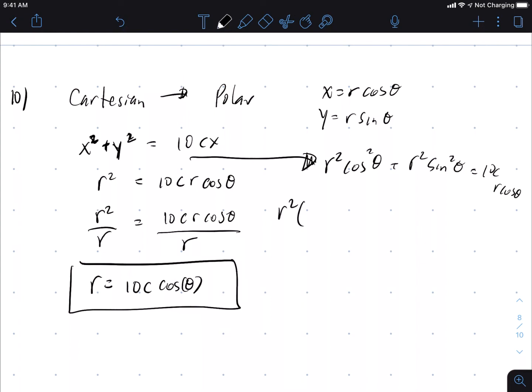So then I'm going to get r squared times cosine squared theta plus sine squared theta, which is r squared times 1.